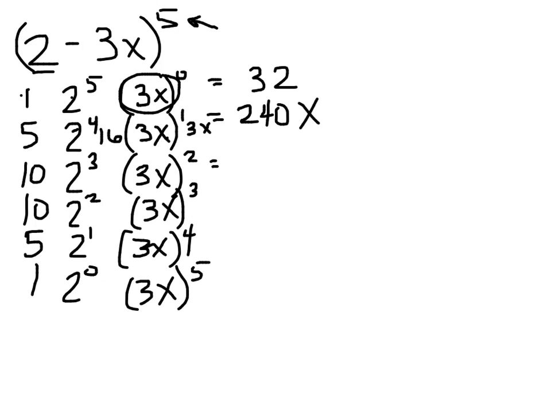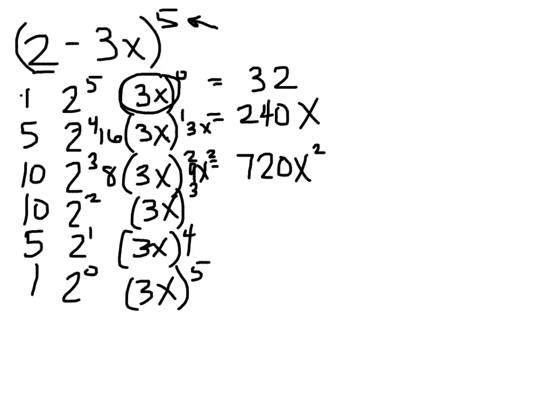The next one, this would be 9x squared, because 3 squared is 9. 2 cubed is 8. So I end up with 10 times 8 times 9, and I end up with 720x squared.